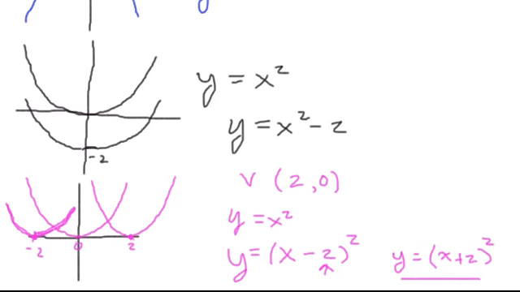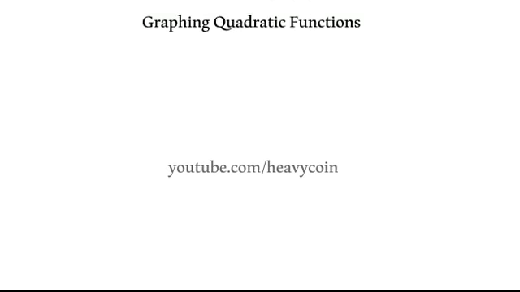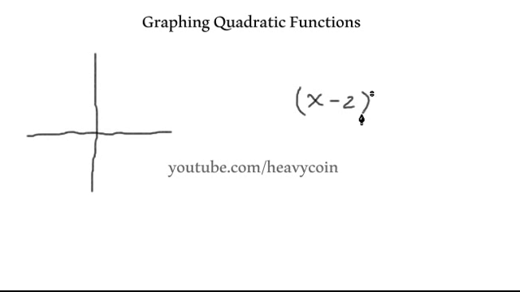So I think we should clear the whiteboard, and now let's say that I have x minus 2 squared plus 2. Where in the world is this going to be located?